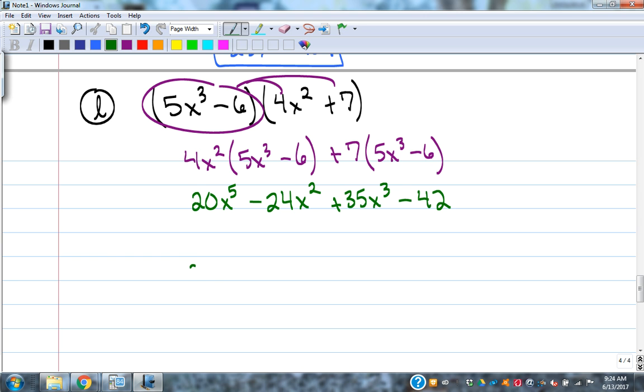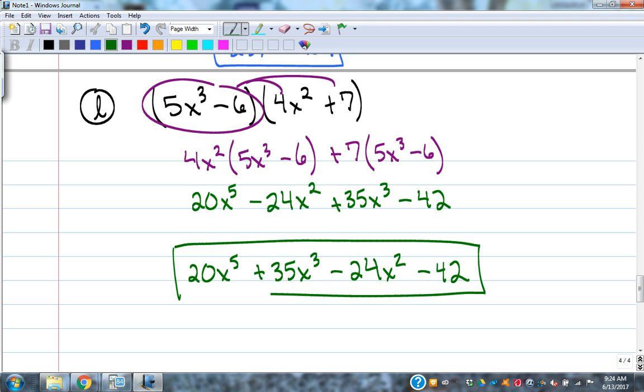So I'm going to start with 20x to the fifth, then the plus 35x cubed, then the minus 24x squared minus 42. That's called descending order by exponents. That'll help us in the next section when we start factoring. Once we start factoring, if it's in descending order, it's a lot easier than if it's not.